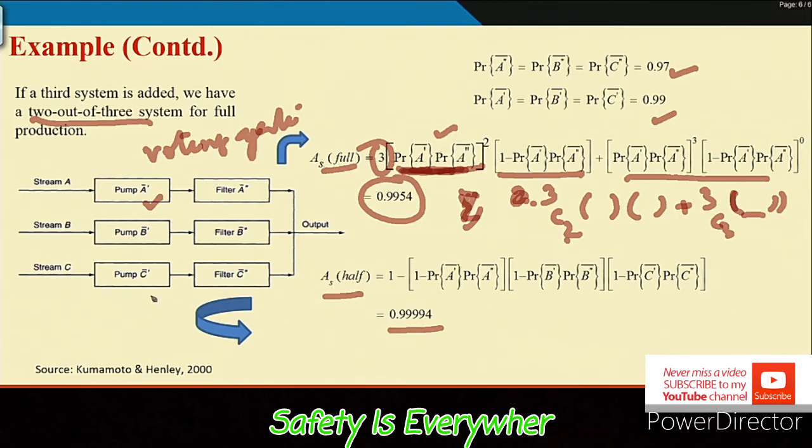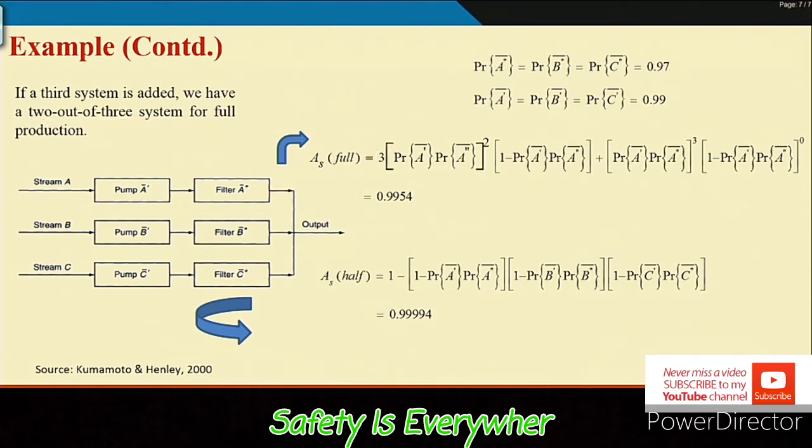So 1 minus no production will be AS half. So here this is the probability for this is not working, this is not working, this is not working. As 3 identical streams are there, they are multiplied and you got this probability value. Okay. So I think now you understand the application of binomial theorem here.